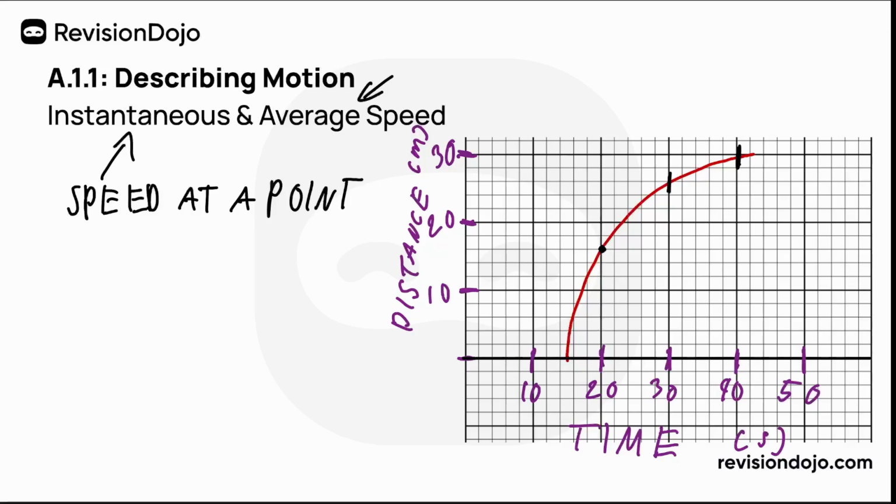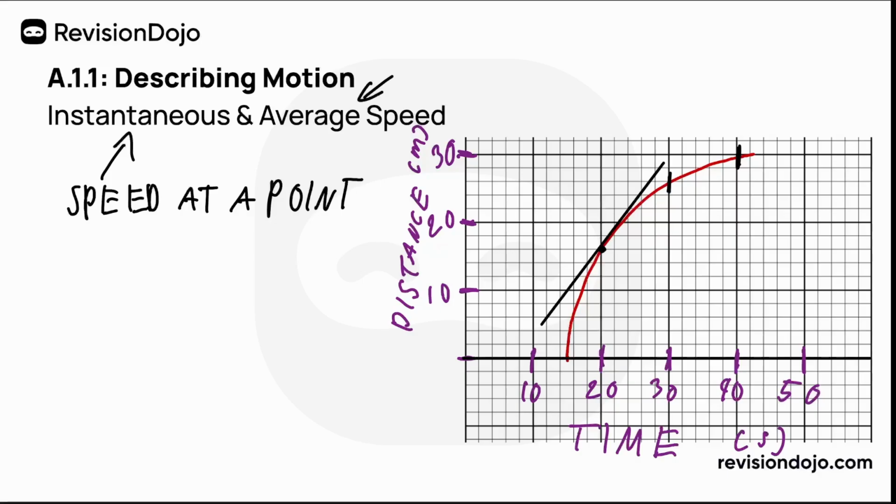Now, how do we find those? Well, first off, instantaneous speed is a little bit tricky because you have to find the gradient at that point. How do you find it? With a tangent, if you have not heard of those. Those are a line that exactly just touches the graph.